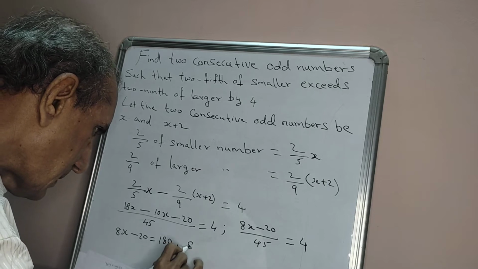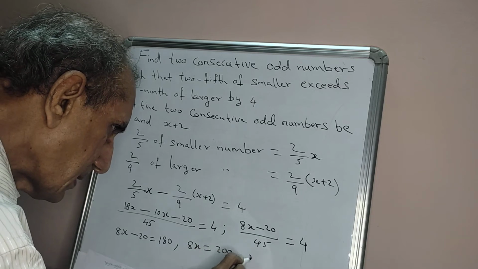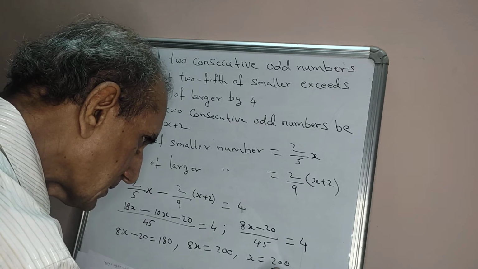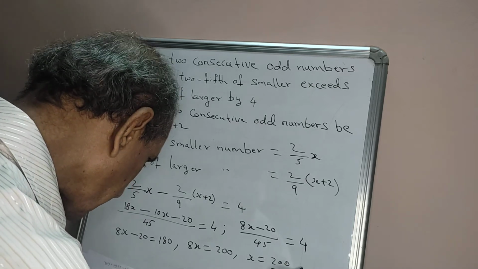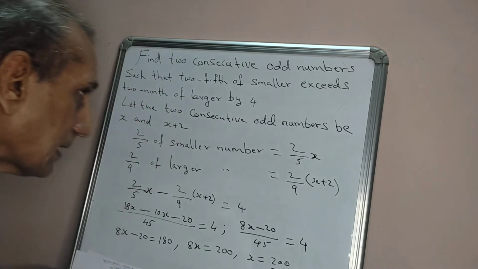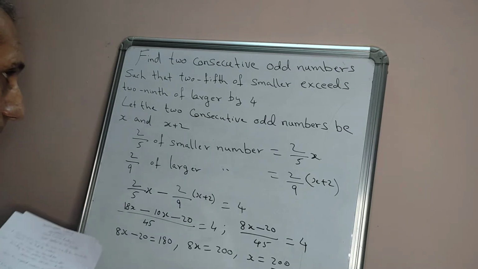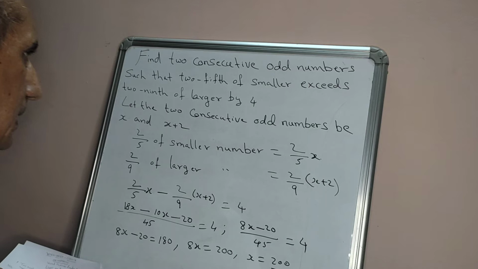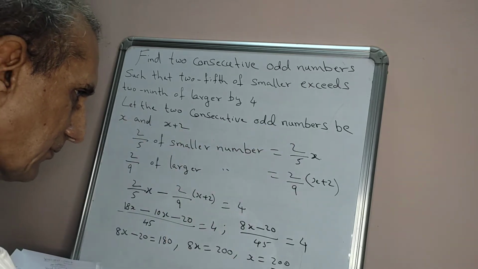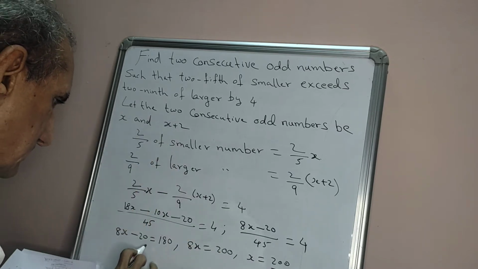So 8x will be equal to 200. x will be equal to 200 by 8, which gives me 25. What would my numbers be now? I assumed them to be x and x plus 2. So x is 25, and hence my numbers should be 25 and 27.